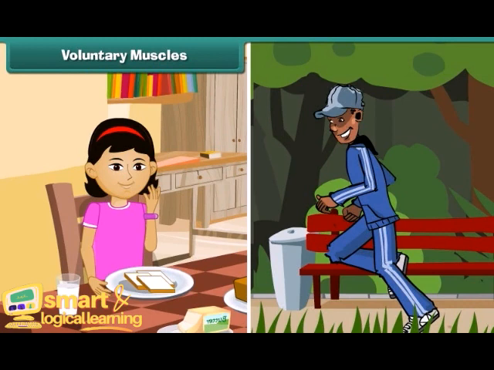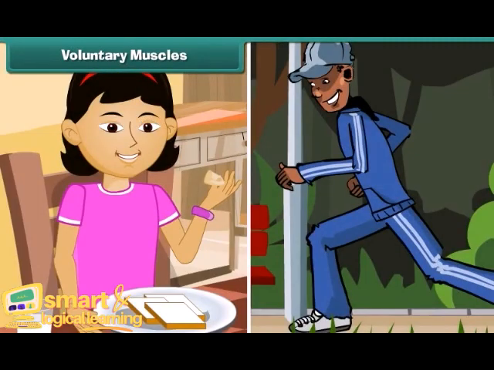Muscles that carry out these actions according to our wishes or volition are called voluntary muscles. Movements brought about by voluntary muscles are called voluntary movements. Our arms and legs contain voluntary muscles.